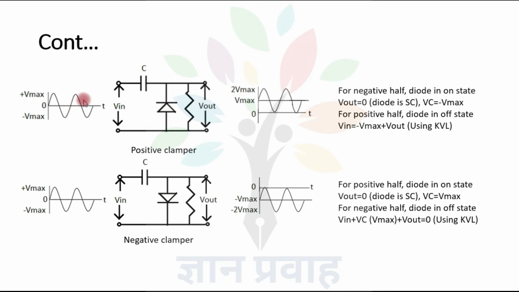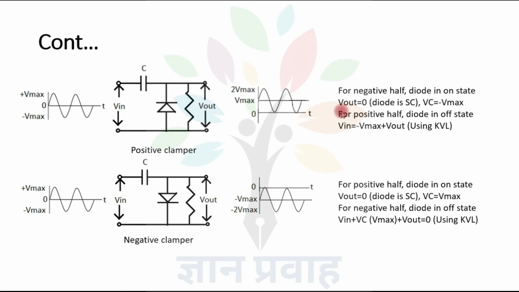Suppose the input signal is a sinusoidal waveform like this, and here also the same. The operation of this positive clamper circuit is explained here. For the negative half, this terminal is negative and this one is positive. This terminal is positive, which means this PN junction diode is operating in forward bias or acts as a short circuit. It means Vout equals 0. And since this PN junction diode is in forward bias, it charges this capacitor up to the maximum value of Vin.